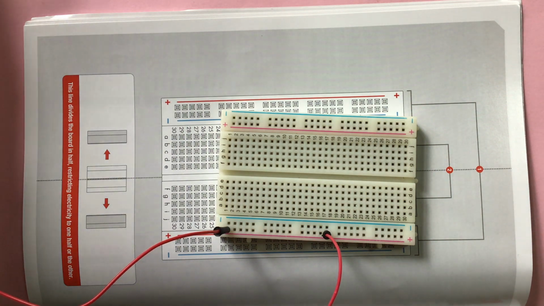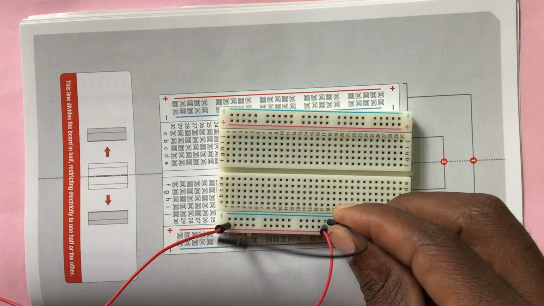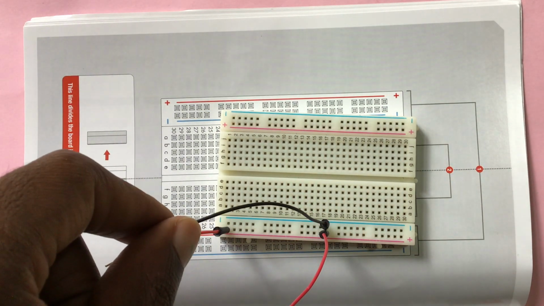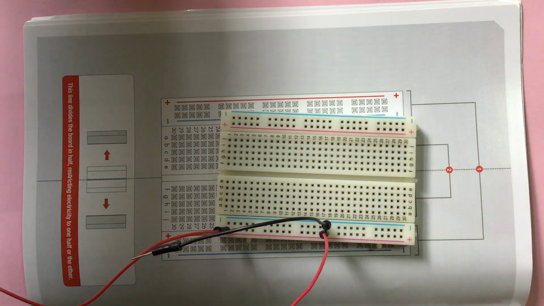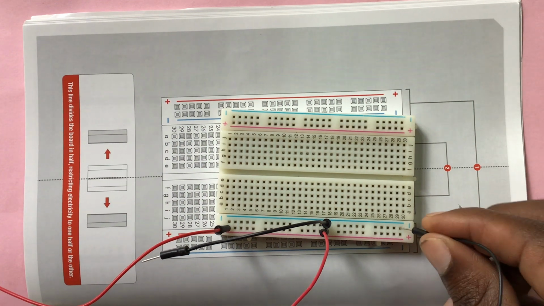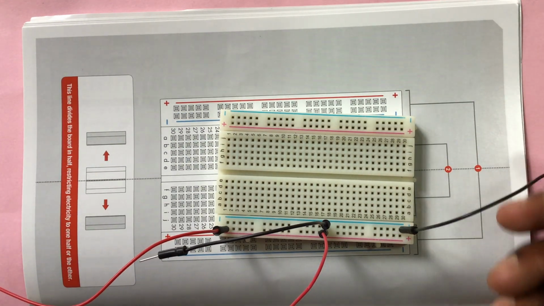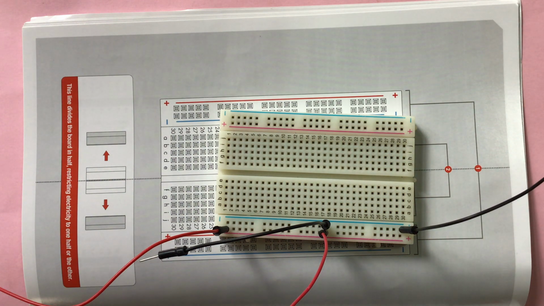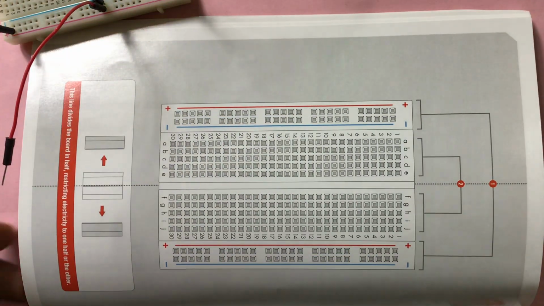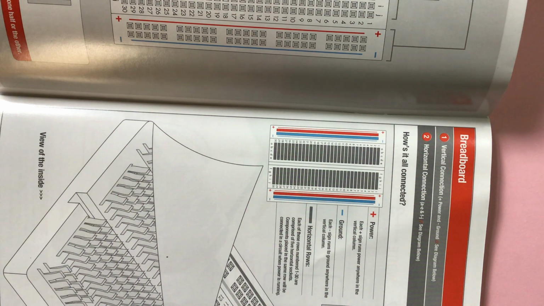But if I come and put this wire there, just next to it, these two are not connected. This one will only be connected with something in this other row up to the end, the minus. So these ones are horizontally connected internally. So this whole line is connected like this. That's how they are connected.